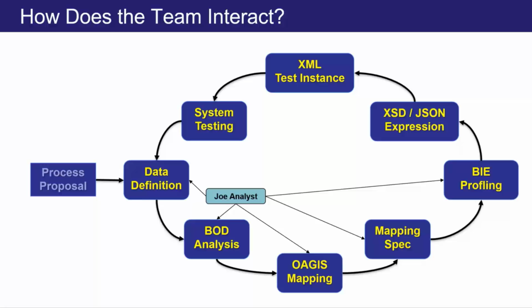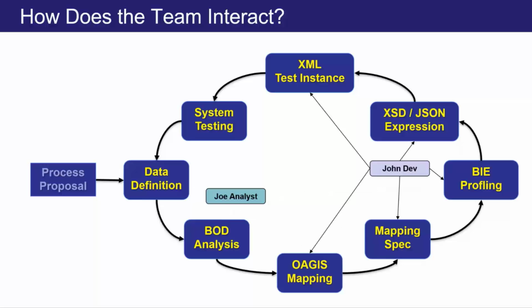He's going to create some OAGIS mapping related information that says this is how the data definition that comes out of System A most closely aligns with the BOD that he has chosen. He'll produce a developer mapping specification, and he'll also work inside of SCORE to create a trimmed down version of the BOD expressed as a SCORE BIE. Now we have the developers.